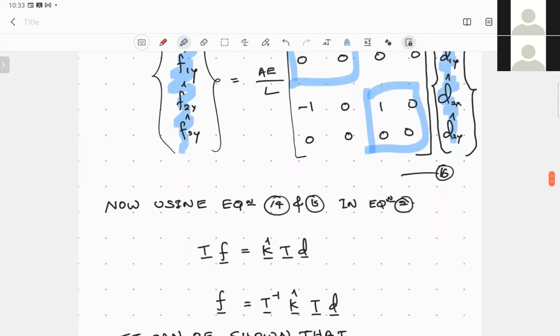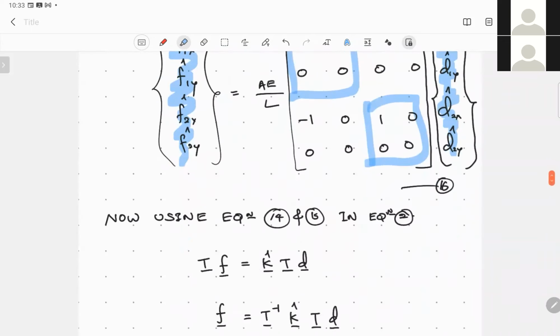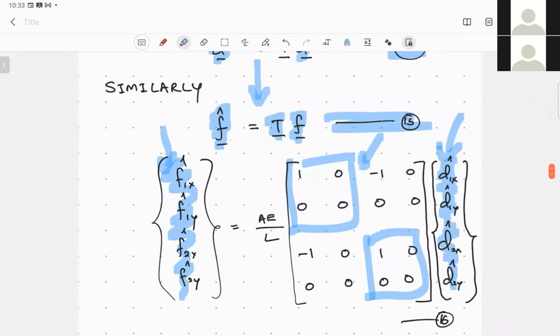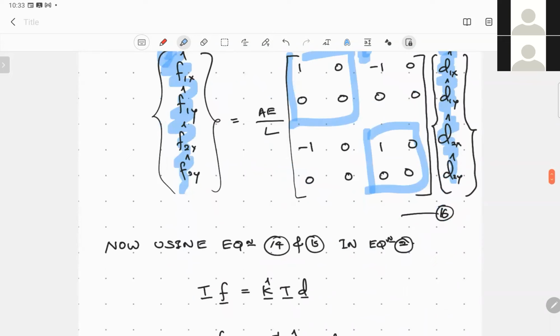Now, using equation 14 and equation 15, which describe f hat and d hat, we can use equation number 2. What is equation number 2? It relates f hat to d hat: f hat is equal to k hat times d hat.